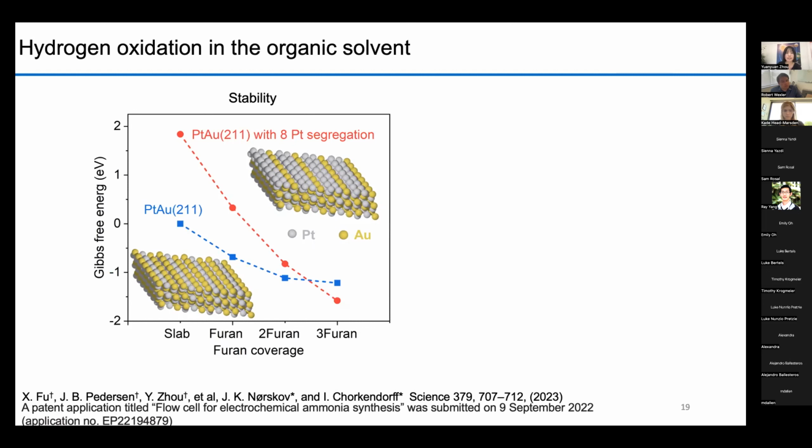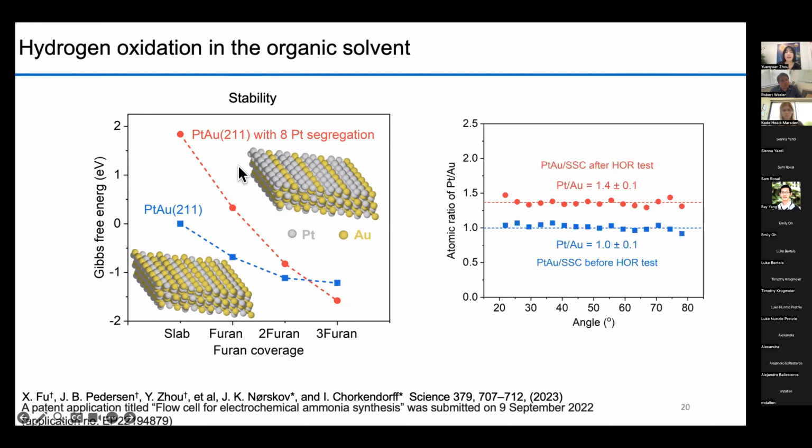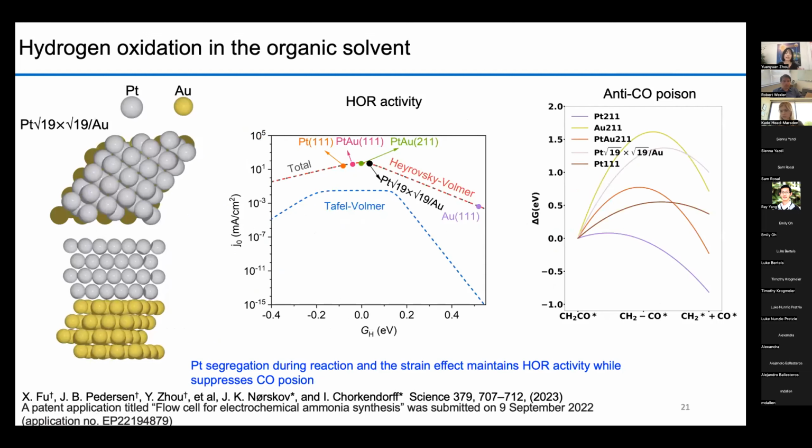And we found that even with a small amount of furan or CO or CH species, the platinum will segregate to the surface. And the experimental angle-resolved XPS also revealed that the platinum-gold surface ratio is increased after the experiment. And in the end, the surface will form a platinum overlayer on a gold substrate.